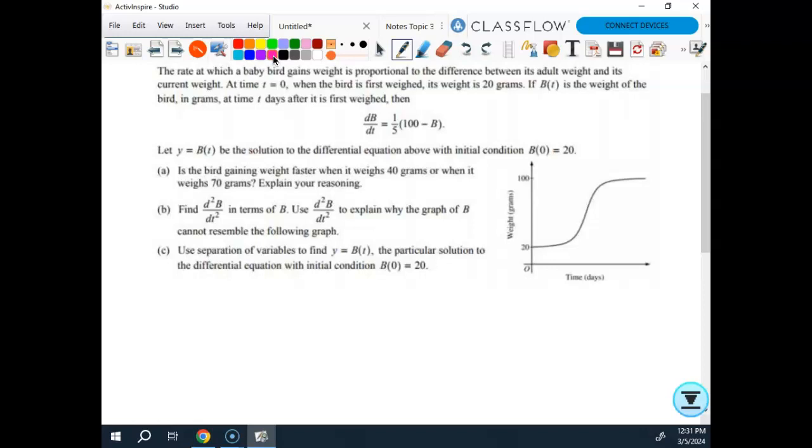If B of t is the weight of the bird in grams at time t days after it's first weighed, then, here's the derivative, let y equal B of t be the solution to the differential equation with this initial condition. Is the bird gaining weight faster when it weighs 40 grams or when it weighs 70 grams? And explain your reasoning.